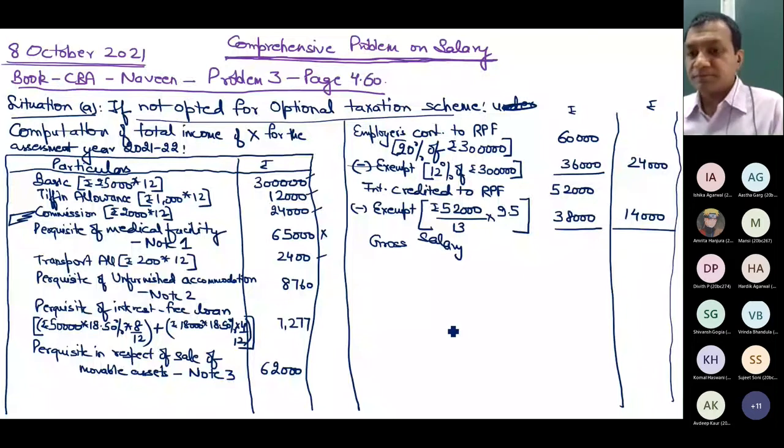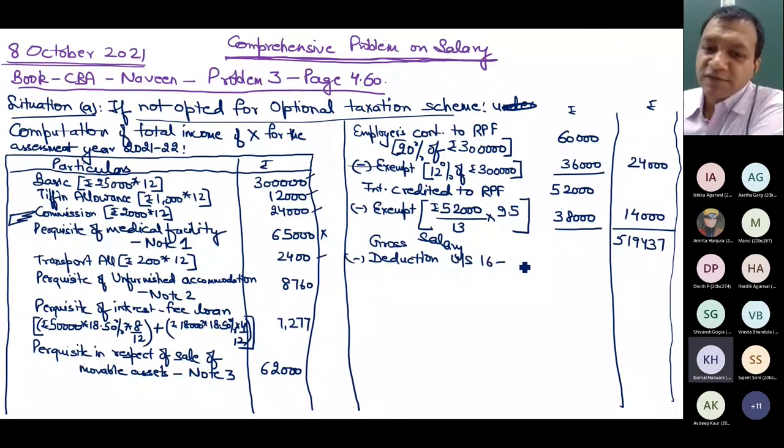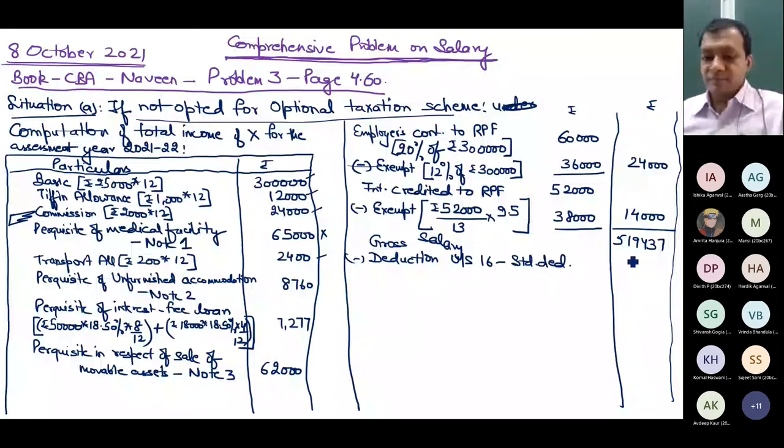519,437. Please check the total. Less: can you tell me what is the deduction under section 16? What is the deduction from gross salary as per standard deduction? How much? Of 50,000. 50,000. And this is income from salary. It is 469,437.